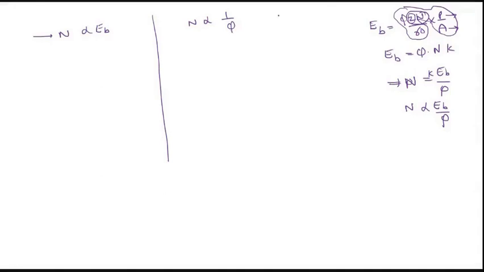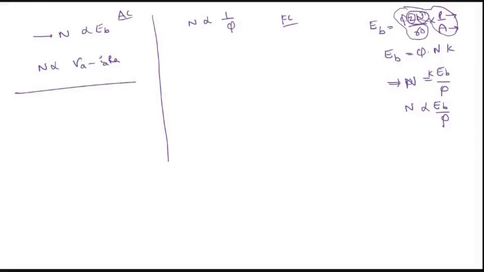N proportional to 1 by phi is related to field control, and N proportional to EB is related to armature control. I will explain how. Here N is proportional to EB, so instead of EB I can write VA minus IA RA.